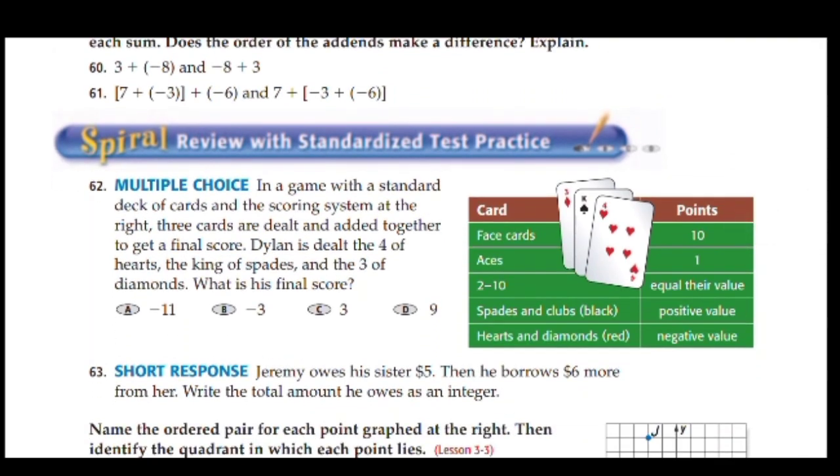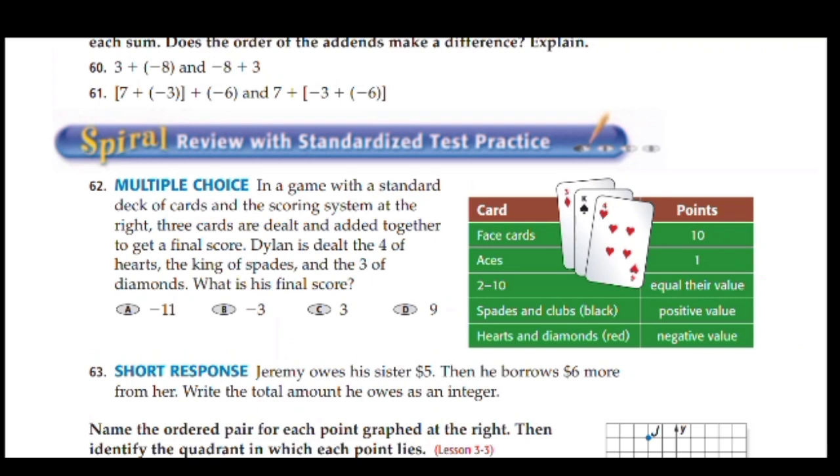Spiral review with standardized test practice. 62. Multiple choice. In a game with a standard deck of cards and the scoring system at the right, the cards are dealt and added together to get a final score.